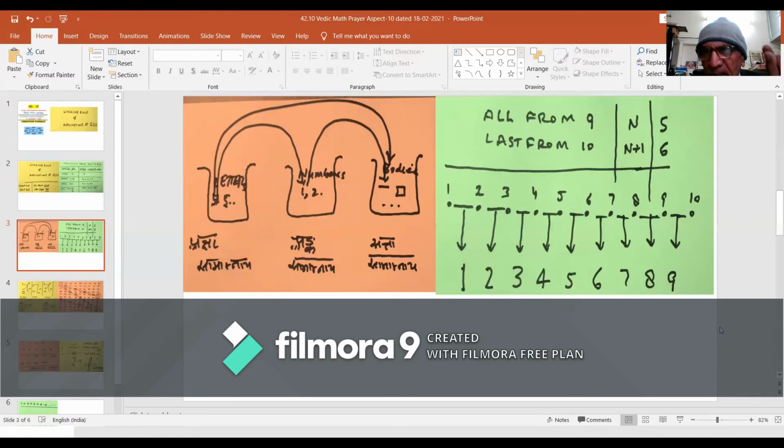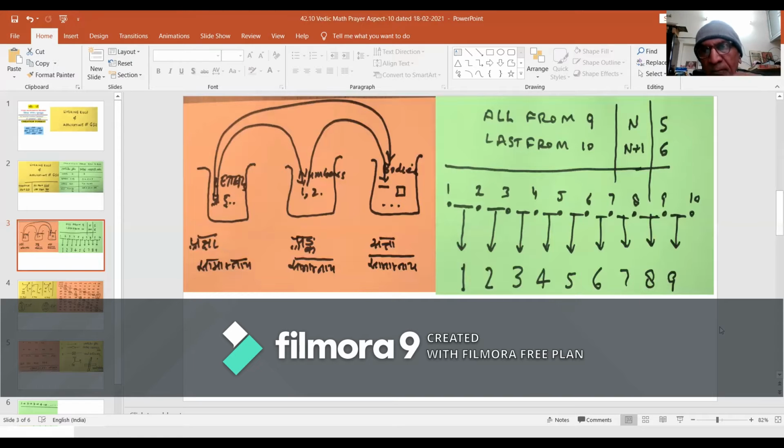Therefore, this rule, all from 9 and last from 10, because of the symmetry rule of Sutra 1, a transition from Ganita Sutra 1 to Ganita Sutra 2 is had by bridging the gap with the mathematical domain of Ganita Sutra 1. Therefore, the transition is attainable by invoking the placement of Ganita Sutra 1 in between Ganita Sutra 1 and Ganita Sutra 2.